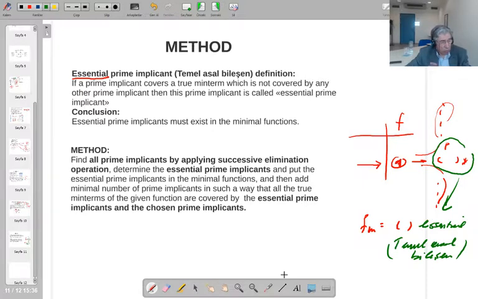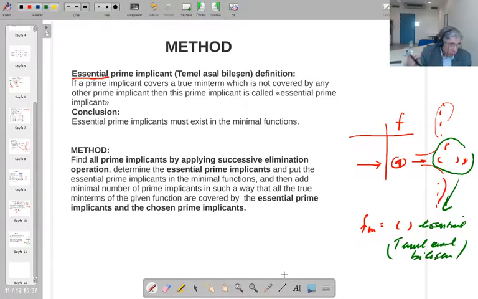What is true is this: all the essential prime implicants must be in the minimal function. What additional thing you've got to do is this: we are going to find the essential prime implicants, and we are going to add the other prime implicants in such a way that a minimal number of prime implicants is added. After this addition, my minimal function should be equivalent to the original function.